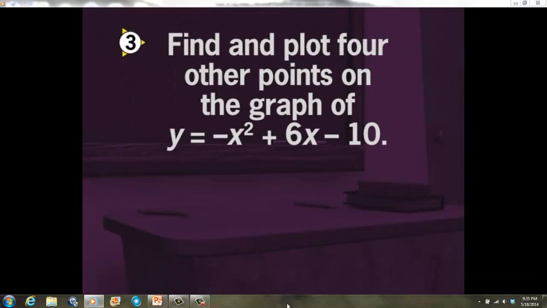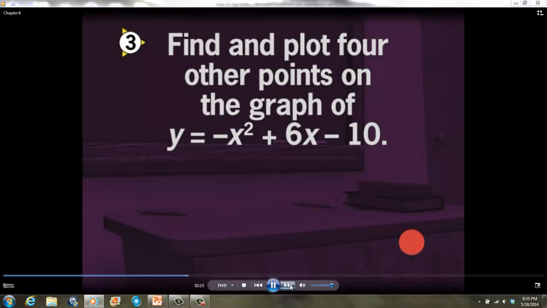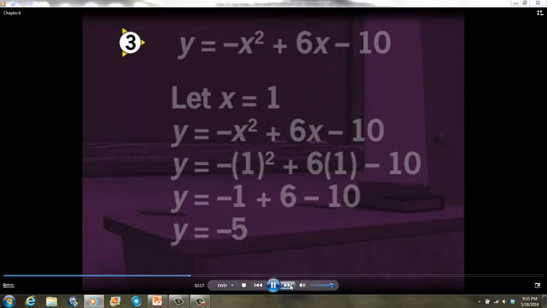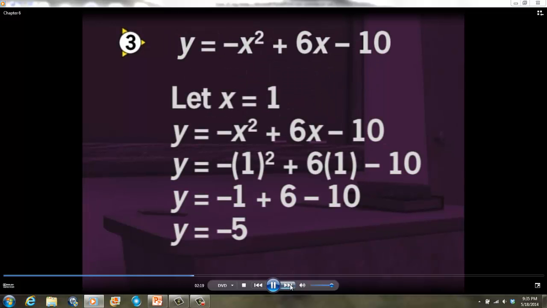In question 3 of Guided Practice Set 1, find and plot 4 other points on the graph of y is equal to the opposite of x squared plus 6x minus 10. When x is equal to 1, y is equal to the opposite of 1 squared plus 6 times 1 minus 10, or -5. Notice that they plugged in 1 for x.